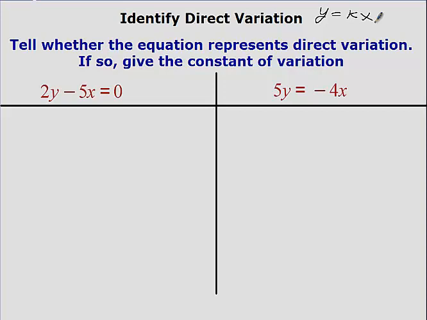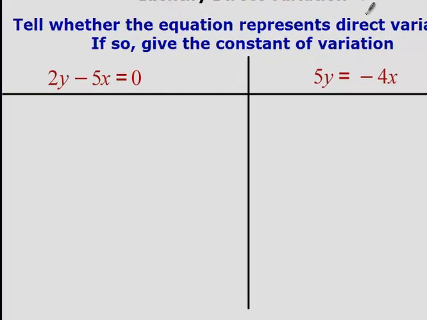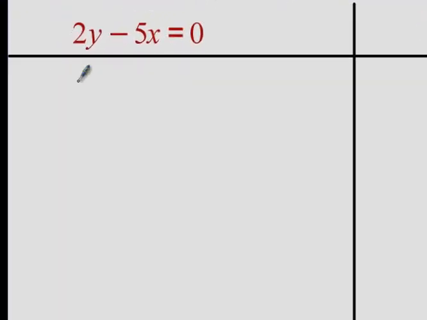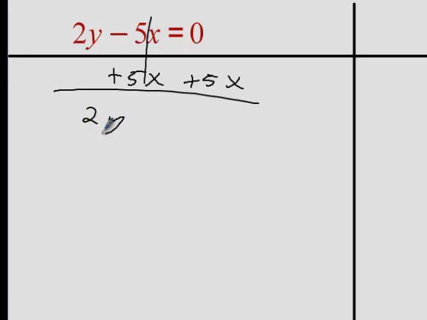So what's important here is which variable is isolated in this equation right here? Y. So what do you think I'm going to do with this equation? Isolate Y. So walk me through it. What's my first move? Add 5x. Get Y by itself.